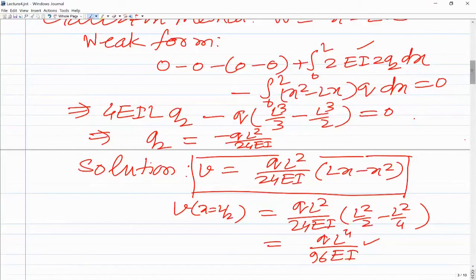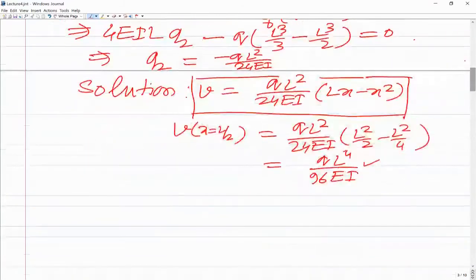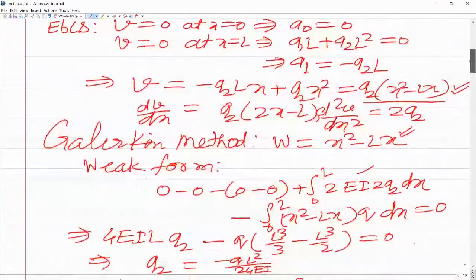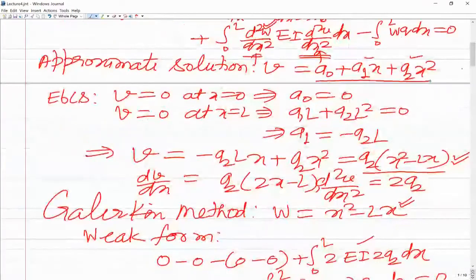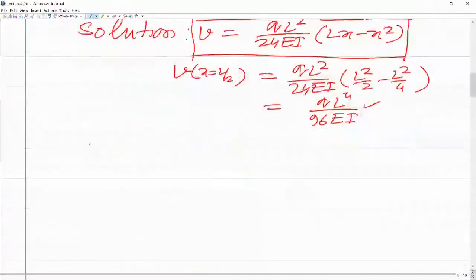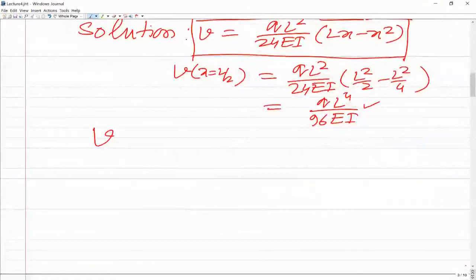Now, as a home assignment, another level of approximation is this. This was the minimum polynomial which we can assume in the approximate solution, that is a0 plus a1 x plus a2 x square, but you can add one more term. When you go up to this, you are done.